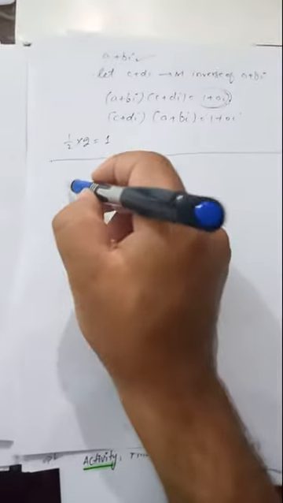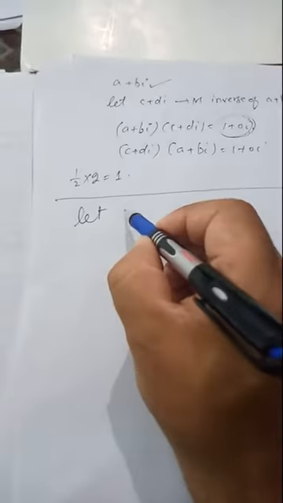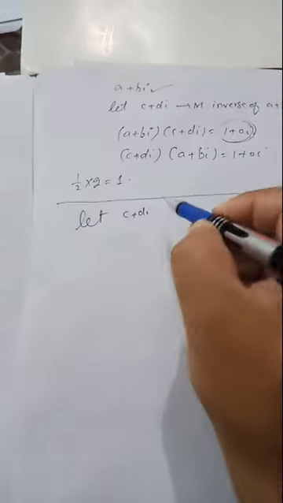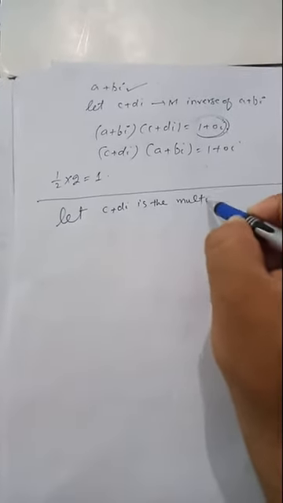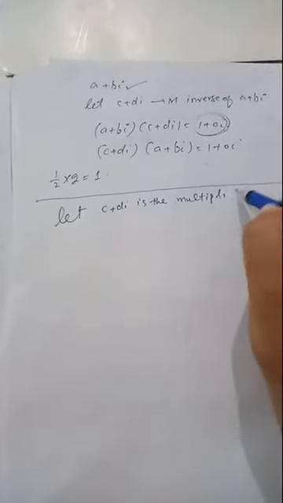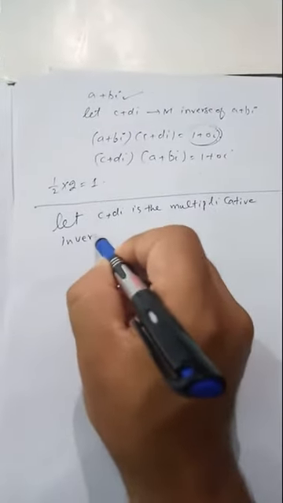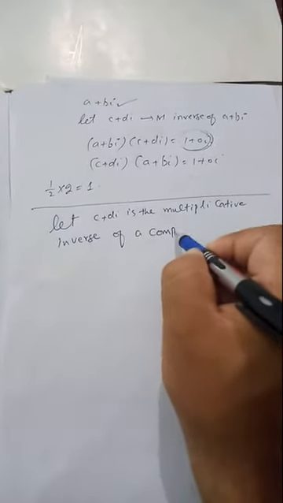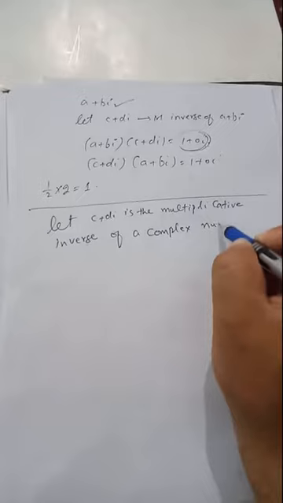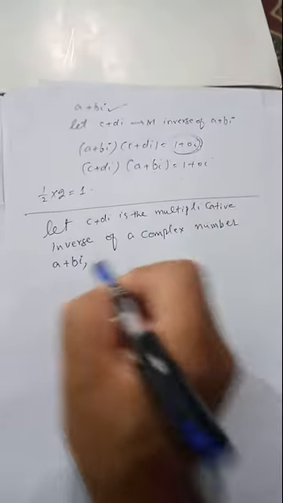Let c plus d iota be the multiplicative inverse of a complex number a plus b iota.